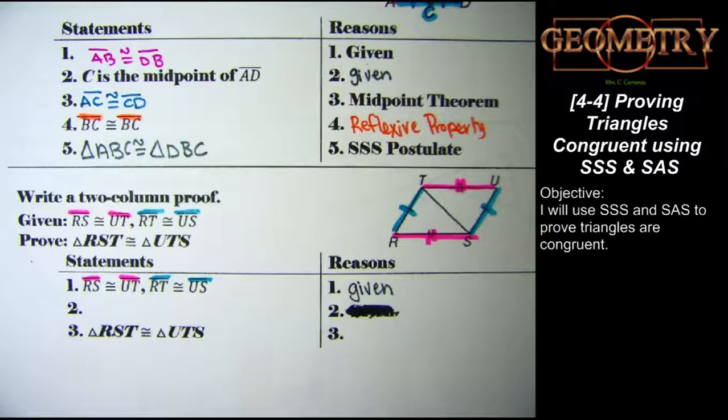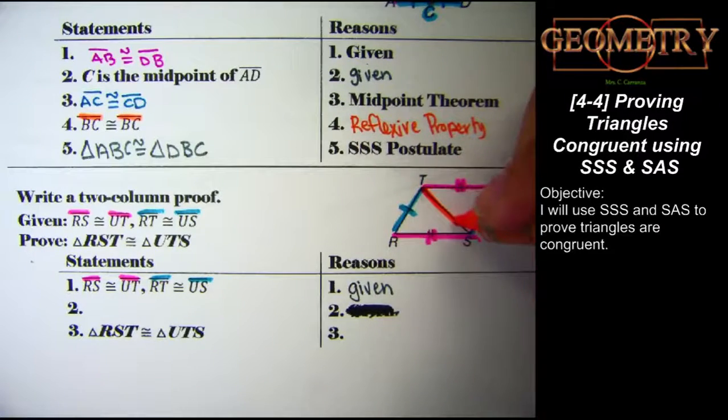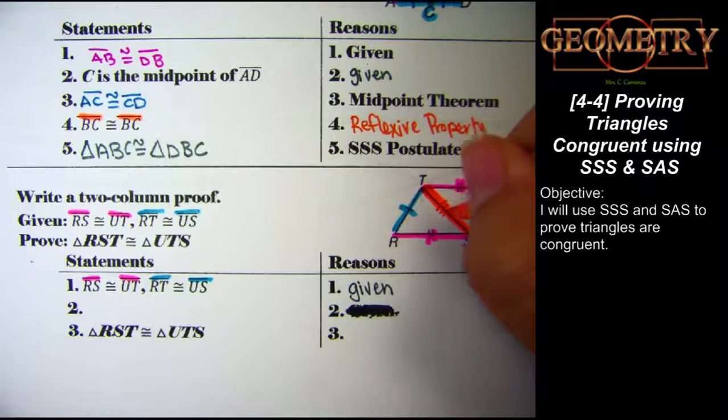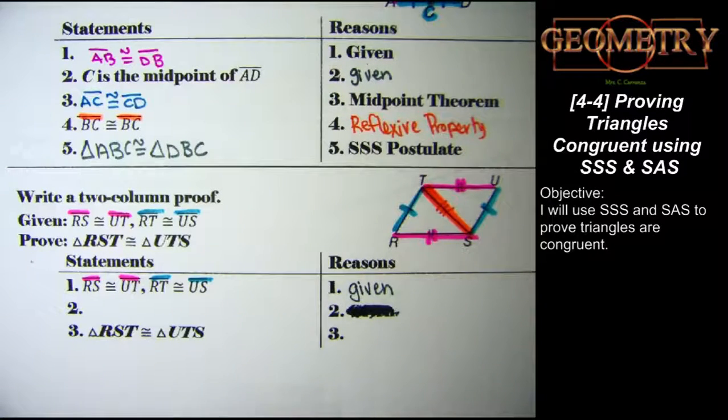Side, side, side. Looks like we're closest to setting up side, side, side, because I've got two pairs of sides congruent. I just need the third pair. I need this side belonging to this triangle to be congruent to this side belonging to this triangle. Can I say that side TS is congruent to side TS?